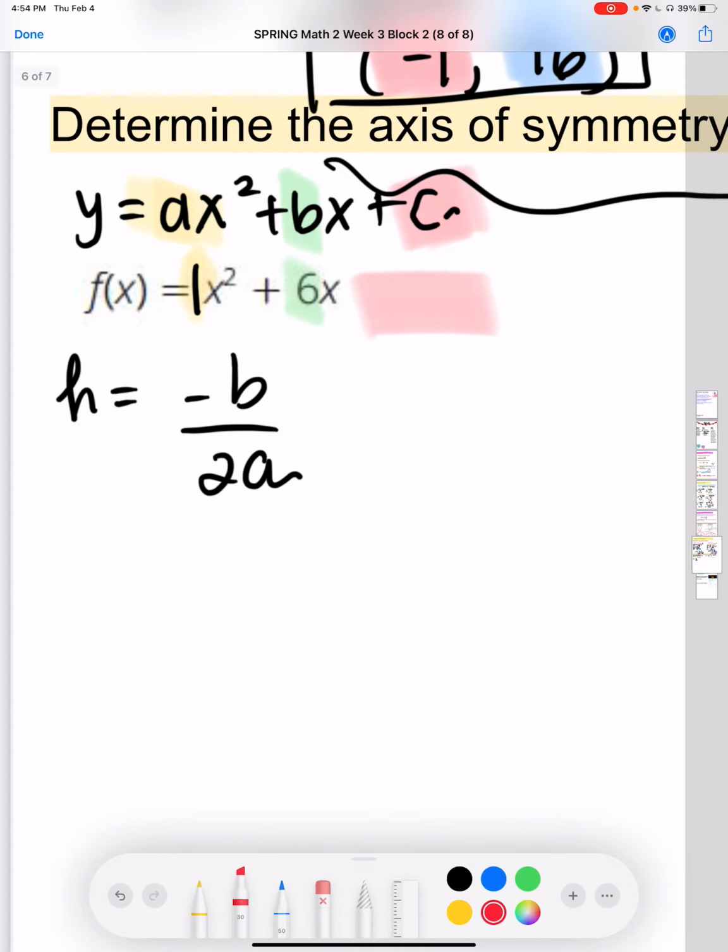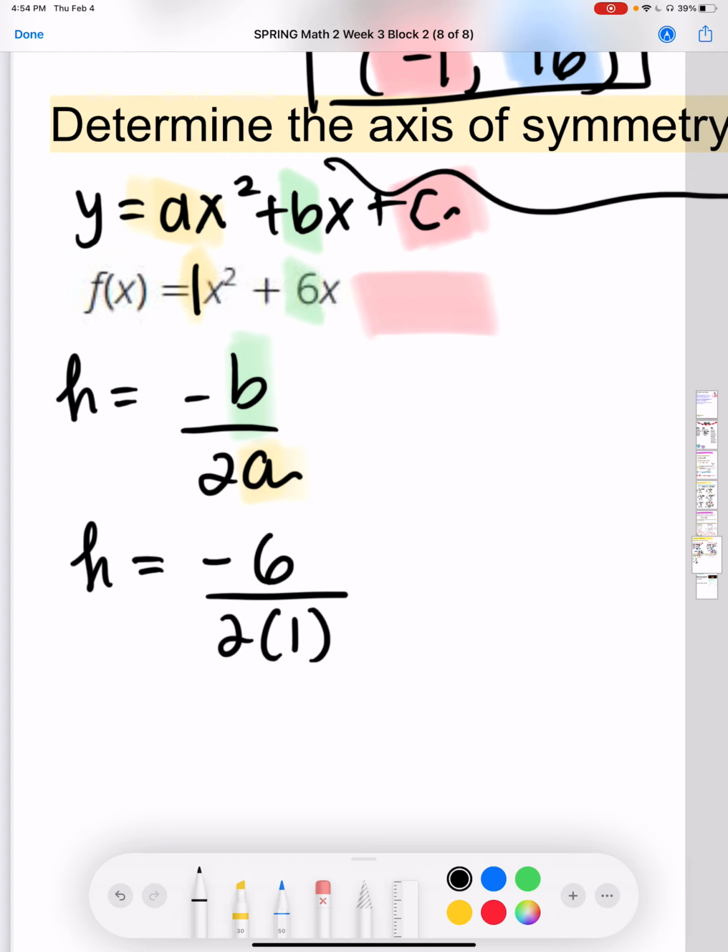So let me go ahead and match that with my equation. Notice that in my equation, I didn't even need a c. So I'm just going to plug in what I have. I'm going to have h equals negative 6 over 2 times 1. There's my 1. There's my b, which is 6.